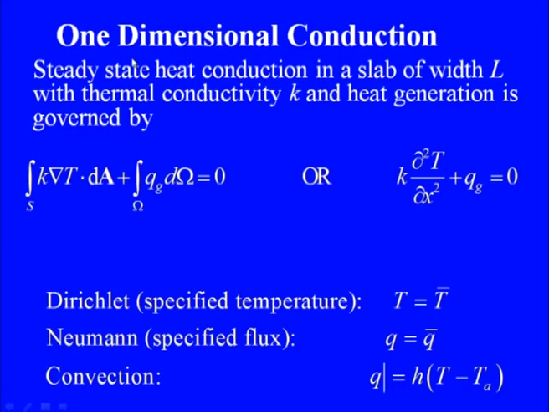Now, let us come to our example problem, which we will discuss in detail, on how we apply the finite volume method to solve a particular problem. As a template, let us say we take a one dimensional heat conduction problem. For the sake of simplicity, we are going to restrict ourselves to a steady state problem.